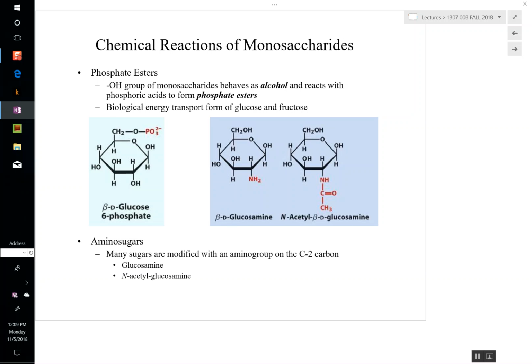This is a supplement some people take for joints, bad knees or whatever. What have we done? We've replaced this OH with an amino group. You're going to find glucose in the body popping up in many different places in different forms.